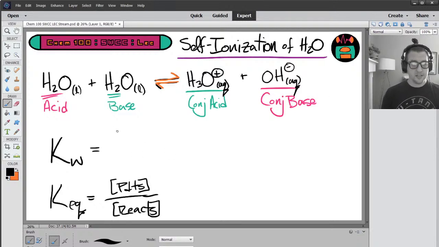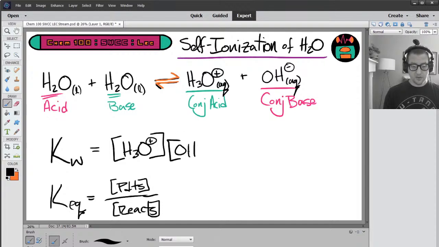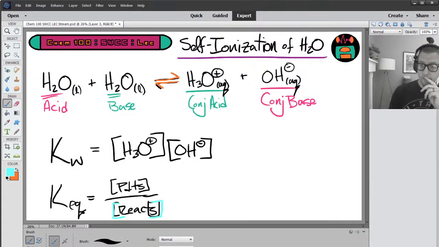Our products are hydronium and hydroxide, but our reactants for this reaction, you'll notice, are both in the liquid phase.